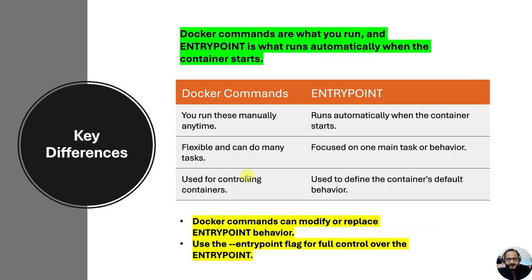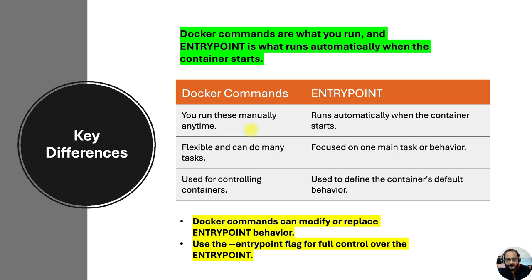Let's see the key difference between both the terms. Docker commands are what you run, and entry point is what runs automatically when the container starts. So this is the main difference. Docker commands we generally run manually, and we can also specify them in a Dockerfile.